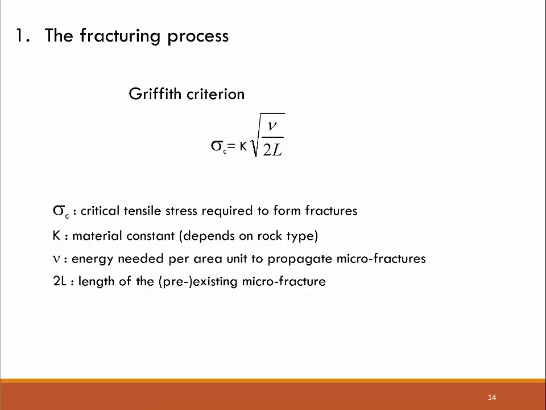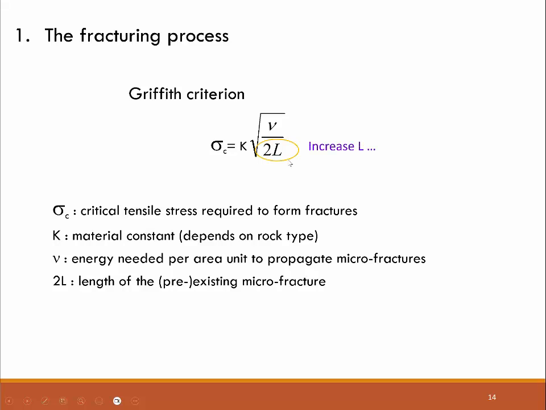So if you have microfractures that are already in the orientation of the future fracture, that means perpendicular to sigma 3, you will have to only make them grow until they transect the entire rock specimen.